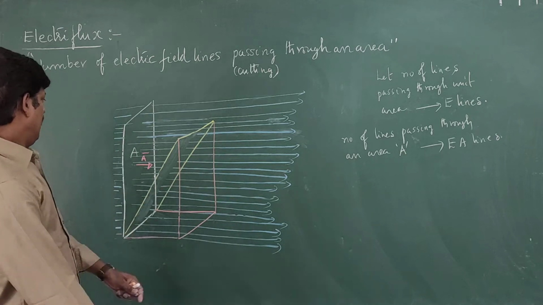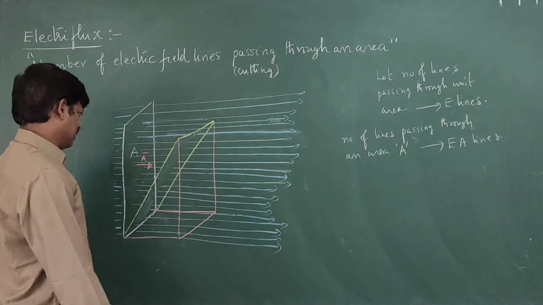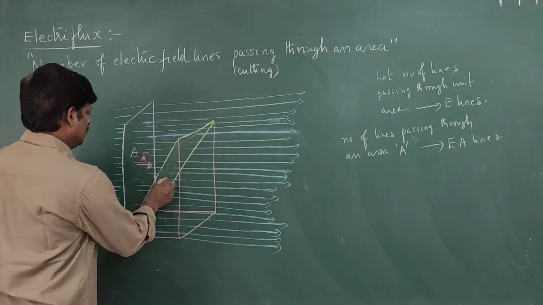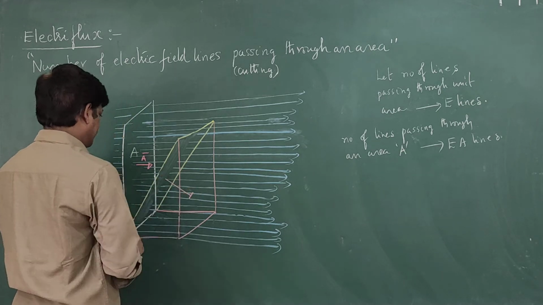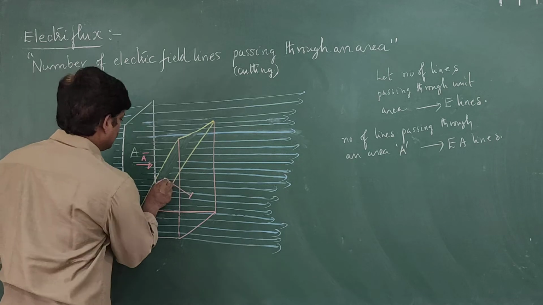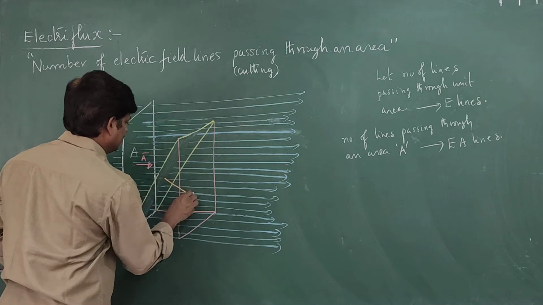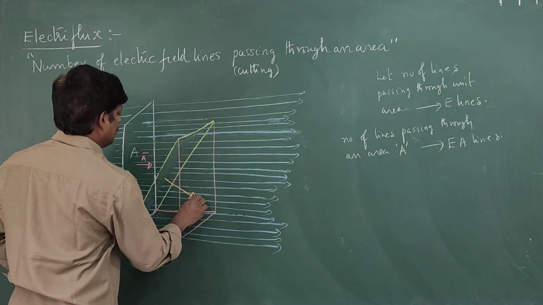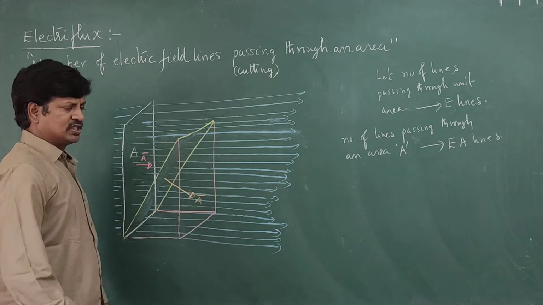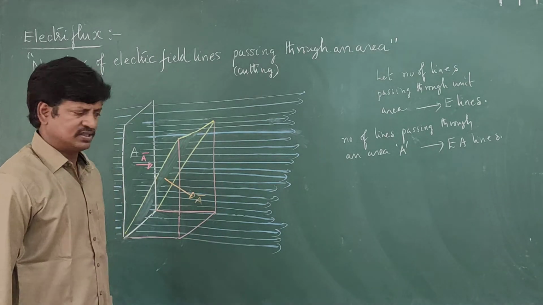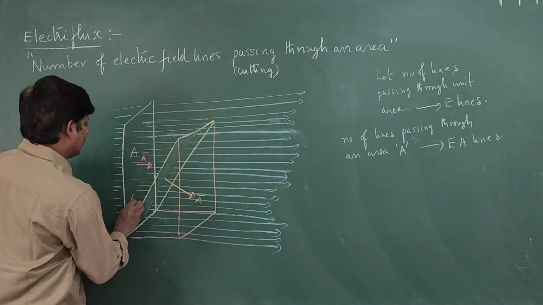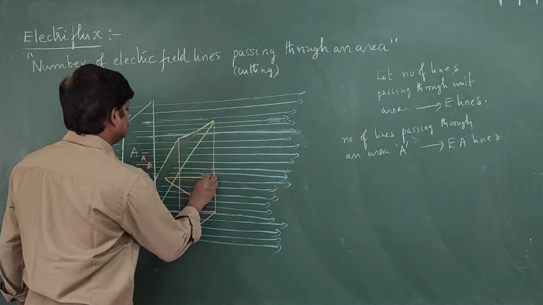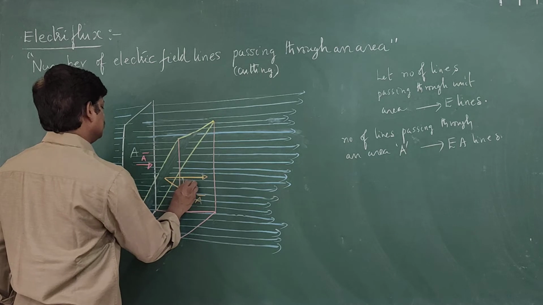This is the area vector, A bar. Just now I told you the area vector is always normal to the surface, and it is tilted by an angle theta. So this angle also becomes theta.